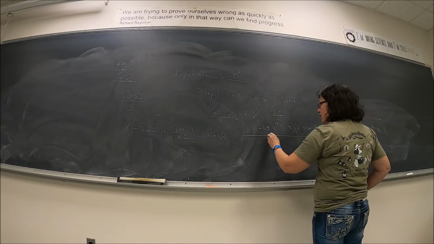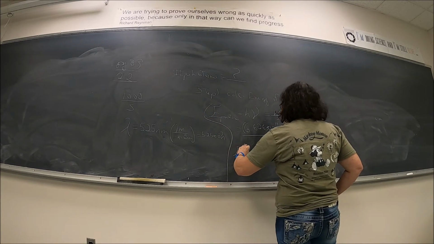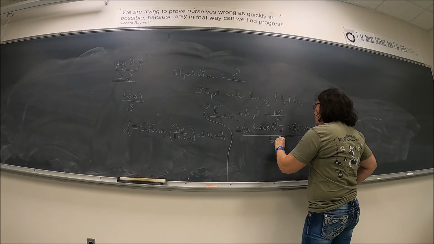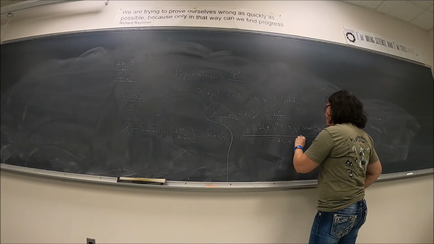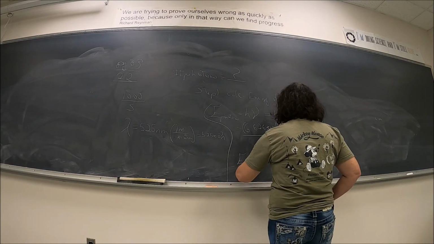So if I plug that in, I get the energy of a photon. So 6.626 times 10 to the negative 34 times 3 times 10 to the 8 divided by 5.25 times 10 to the negative 7 meters.